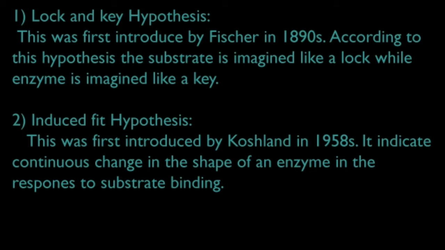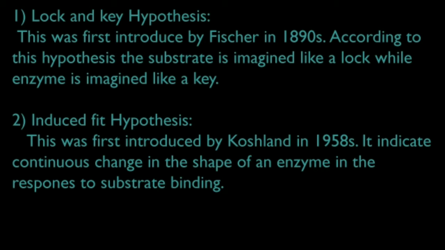This hypothesis, first introduced by Fischer in the 1890s, suggests that each enzyme has a particular shape into which the substrate fits exactly. This was known as the lock and key hypothesis.